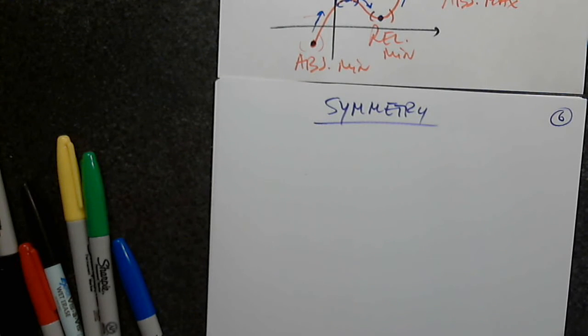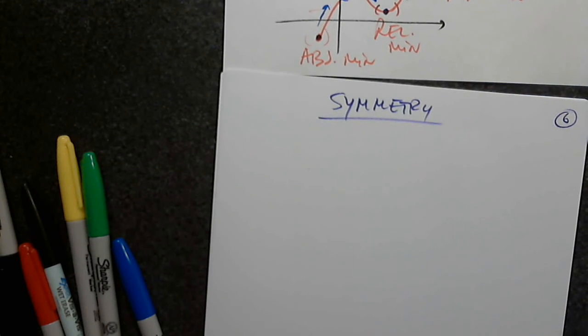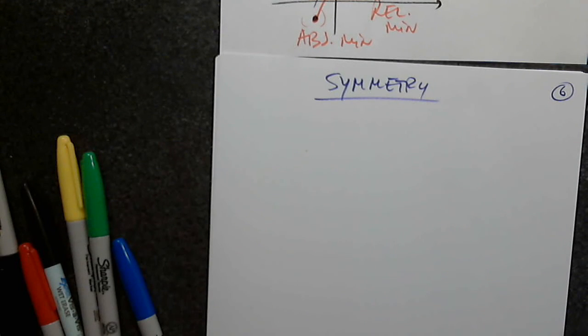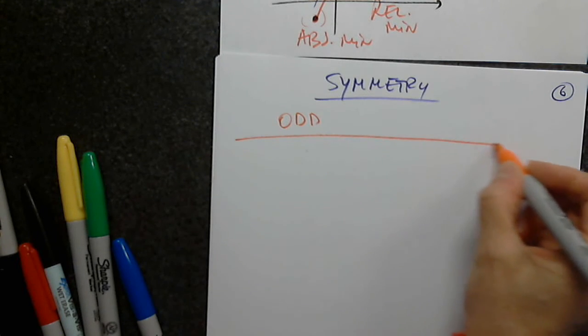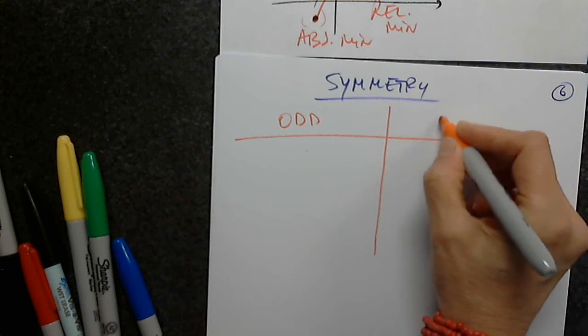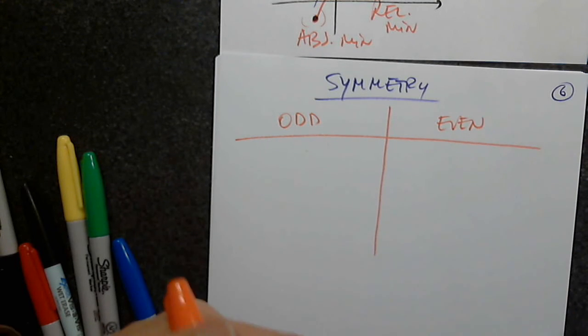Do you think functions are symmetric? They could be, but they are not frequently symmetric. What types of symmetries do we know of? You may know these two from previous experience or may not. One is called odd symmetry, and the other one, of course, is called even.